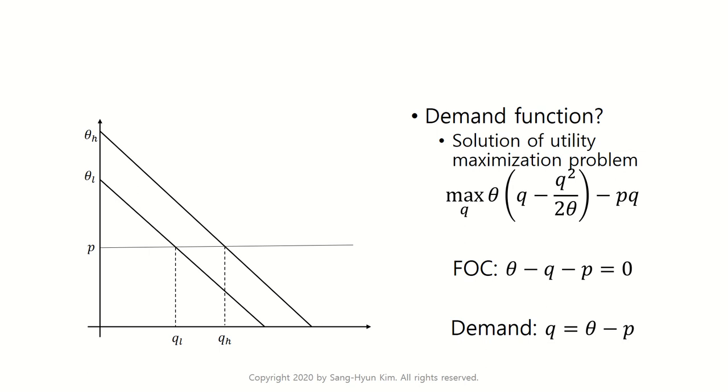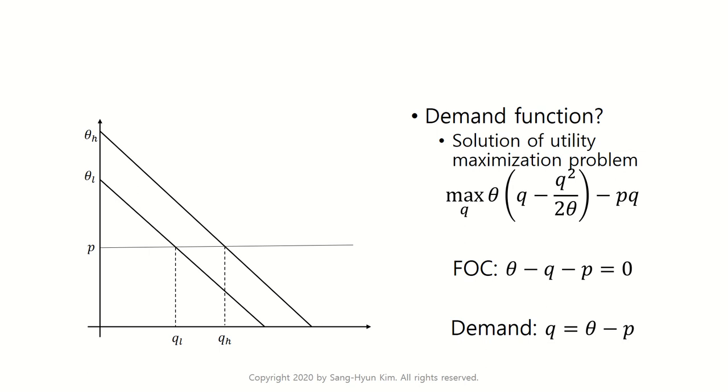That's one interpretation of demand function. In more advanced courses of microeconomics, demand function is the solution of a utility maximization problem. So demand function can be obtained by solving this utility maximization problem, which you are seeing on this slide.